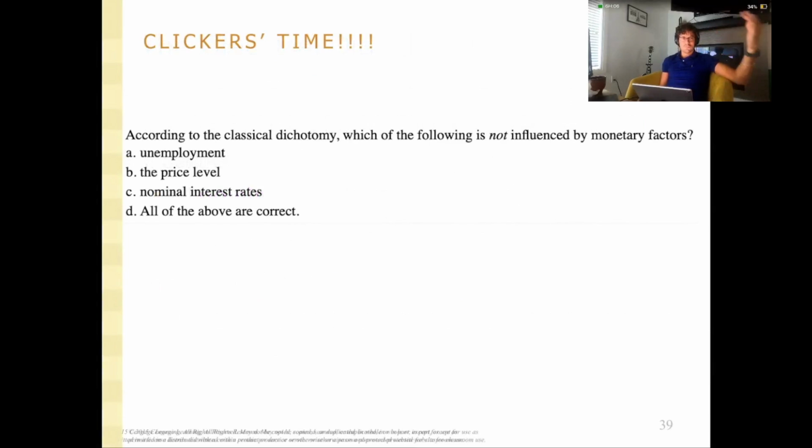Okay, so a clicker to fix ideas. According to the classical dichotomy, the dichotomy between nominal variables and real variables, which of the following is not influenced by monetary factors in the long run? Okay?